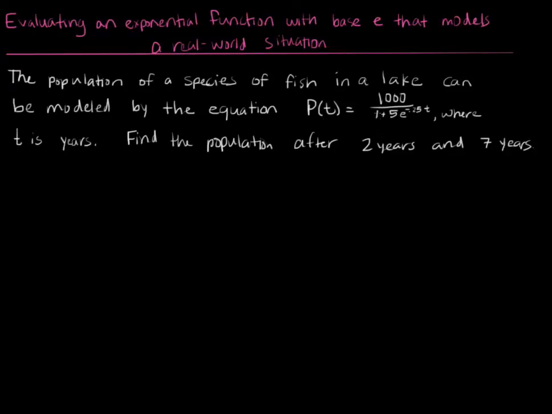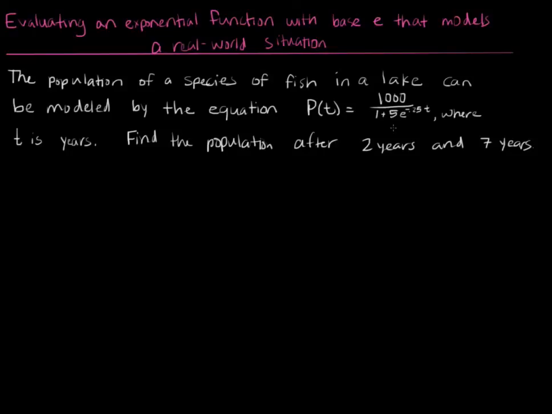But before we do that, I want to mention that a population equation like this, with a big number divided by 1 plus e to a negative power with t in it, is modeling a population that has some kind of carrying capacity. Every ecosystem has a limit, the number of a certain animal that it can reasonably support.